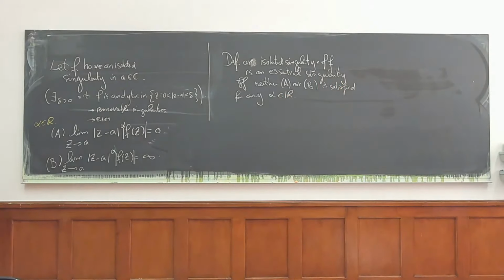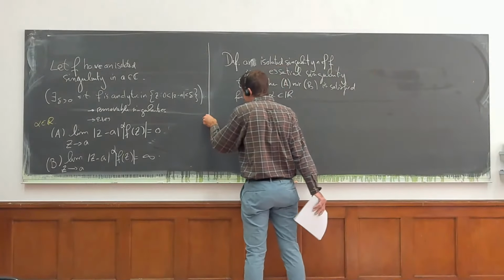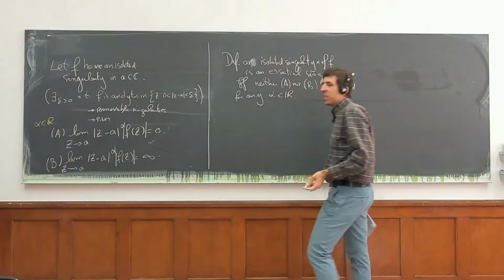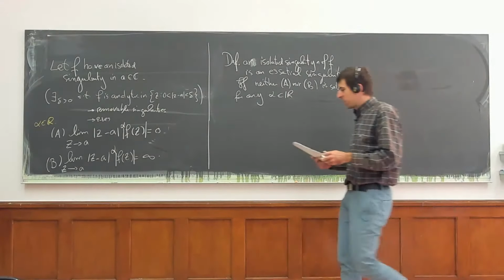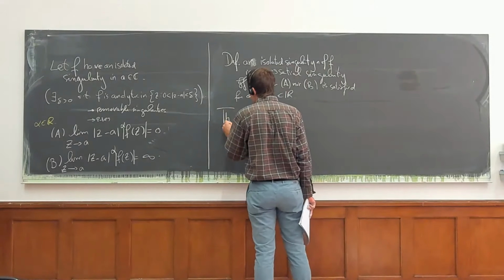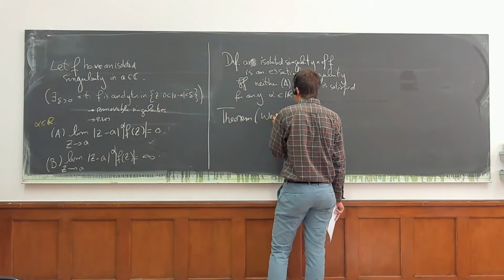Okay, so now there's a very nice theorem. Well, nice in the sense that you can say something very nice, but it also shows how complicated these objects are. Okay, so here's a theorem. This, I believe, is due to Weierstrass.